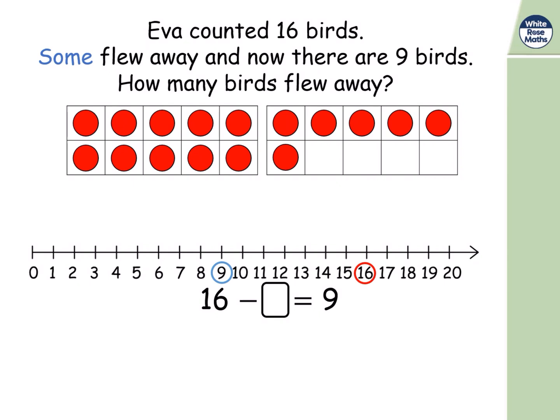Okay, let's cross off some counters. I'm going to cross off all of these in this second 10 frame because I'm trying to get to the nearest 10. So I've crossed off 6. That's a jump of 6. I can see from my number line there's just one jump of 1 more to do. So I've done a jump of 6 and a jump of 1, making 7 altogether. 16 subtract 7 is equal to 9.